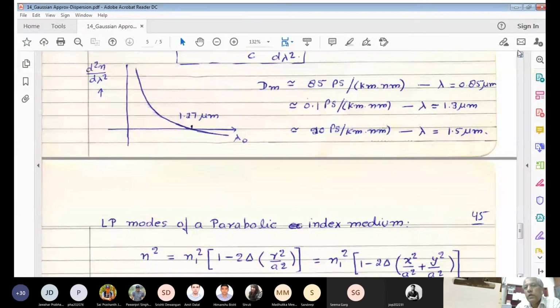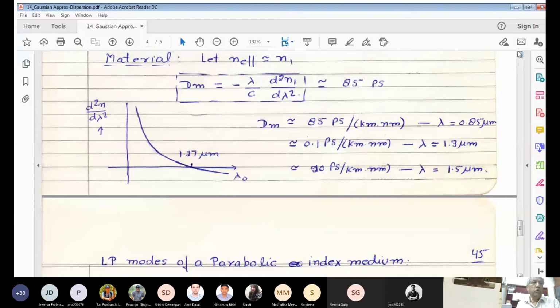So as I told you, intermodal dispersion was a great challenge at that time earlier, and as I discussed in one of my lectures, people thought of graded index fiber, and there the intermodal dispersion can be reduced by a very large factor.